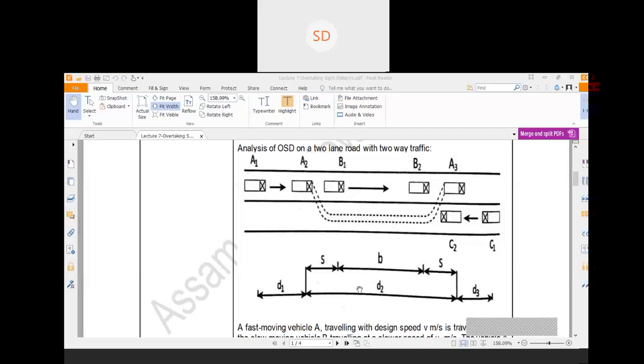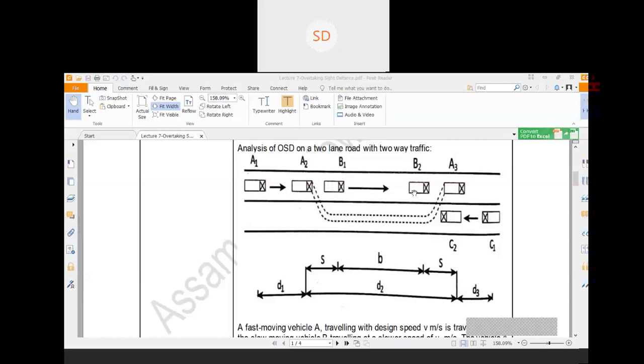Now this d2 distance can be divided into two parts, that is b plus 2s. Now what is this b? See, during that actual overtaking operation, the vehicle A will move from position A2 to A3, but during this time that vehicle B will also move forward and it will change its position from B1 to B2.